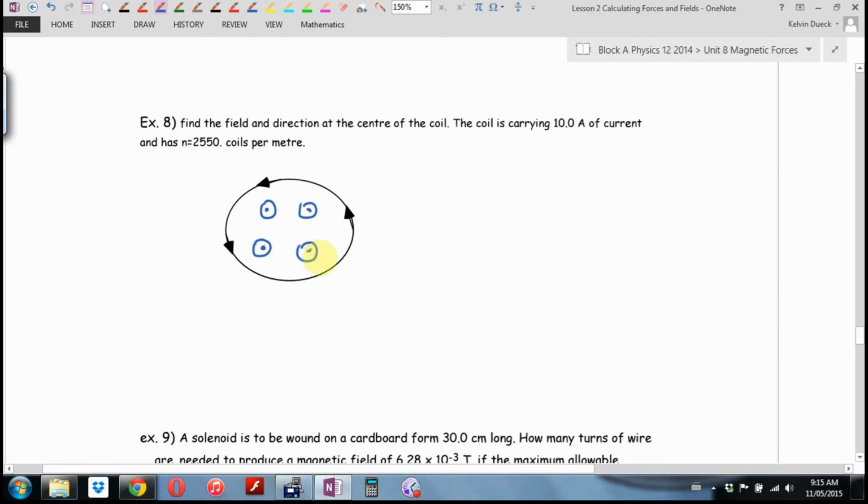You said north was up, and magnetic fields point from north, so coming at us. Okay, we got the direction. Check. How big? Well, the magnetic field from a solenoid is equal to mu naught N I over L.